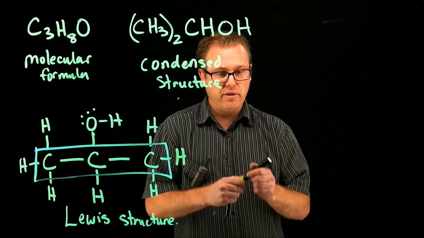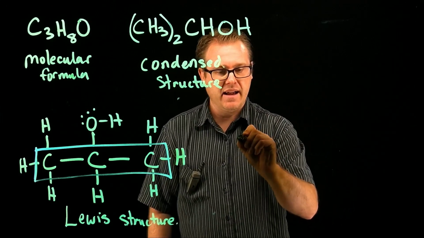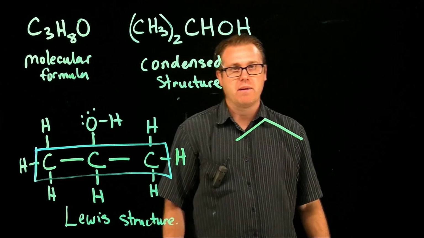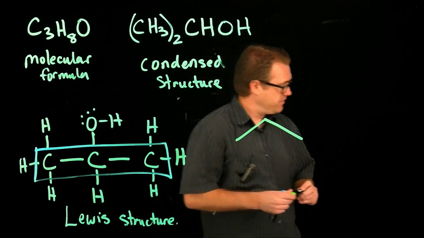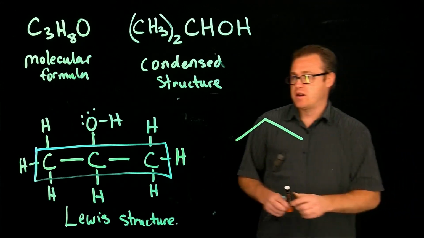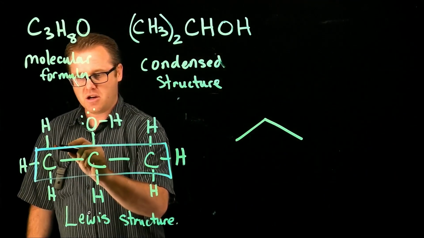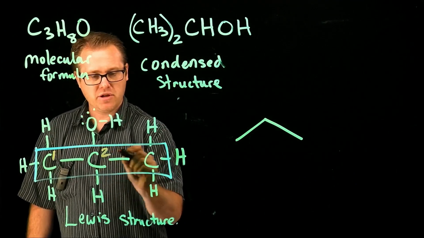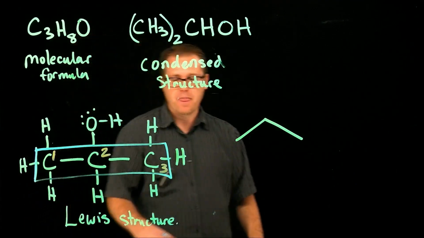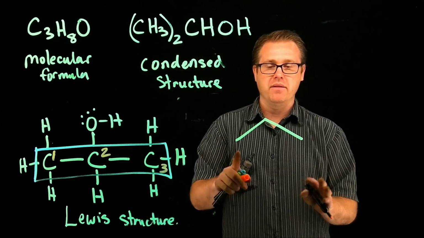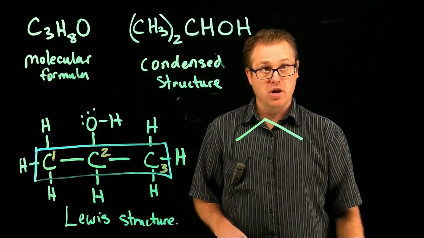And every point on the zigzag represents a carbon atom. If I number these, carbon 1, carbon 2, and carbon 3, every point on this zigzag represents a carbon.